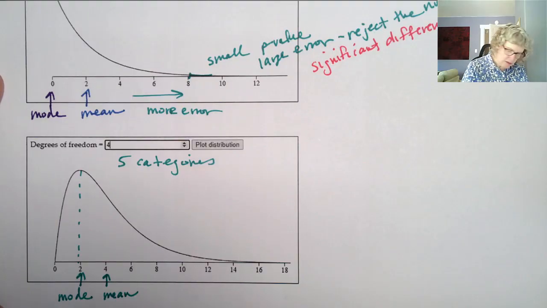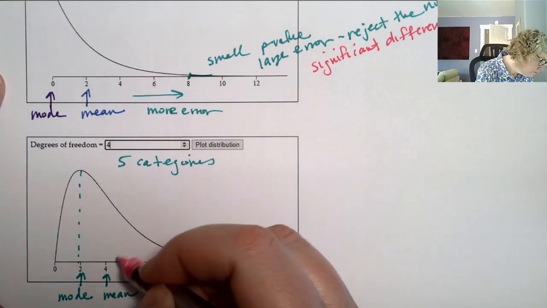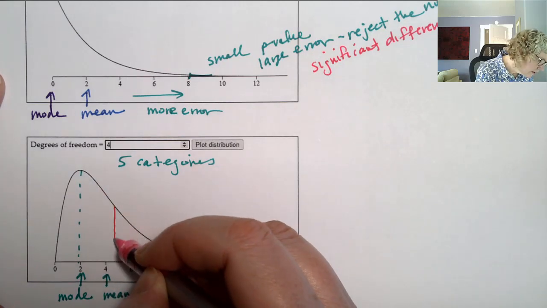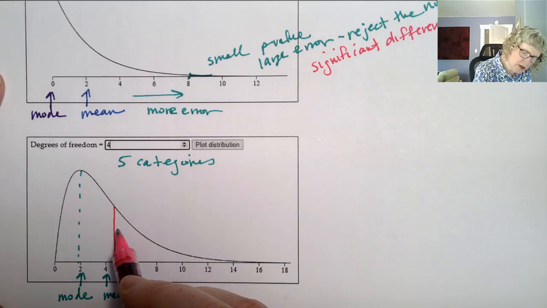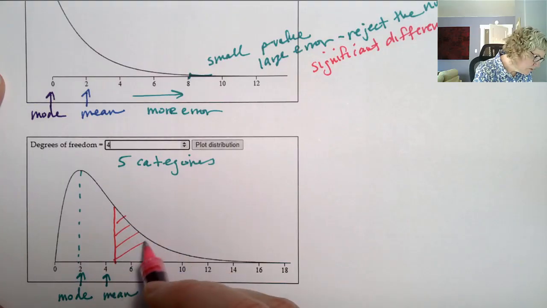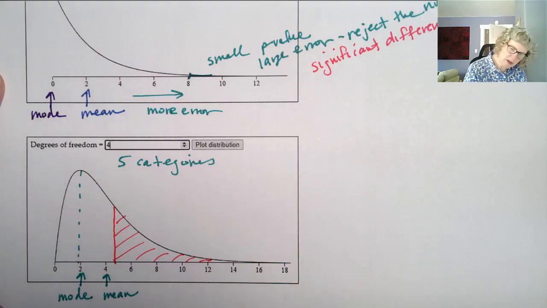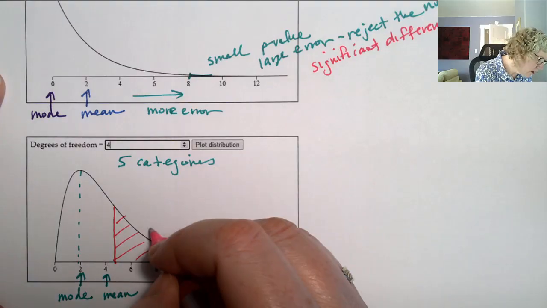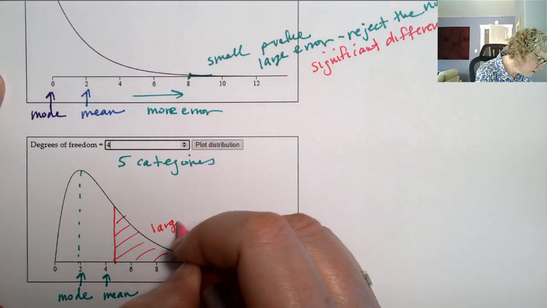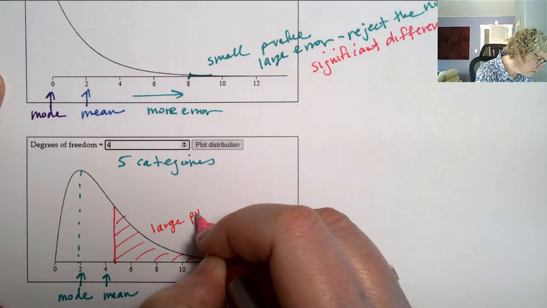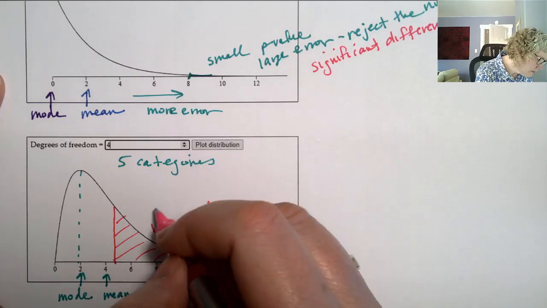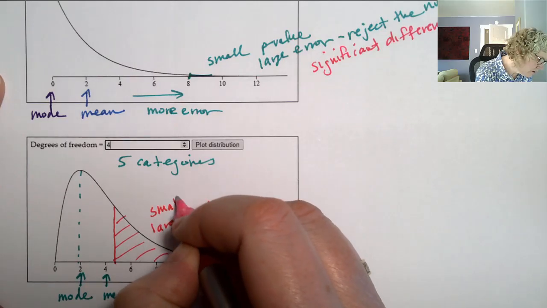And then let's just take, let's say we had a smaller one. Let's say we had a test statistic right around here. Always a right tail test. Okay, so let's say we had a larger p-value. Right, so we had a smaller error.